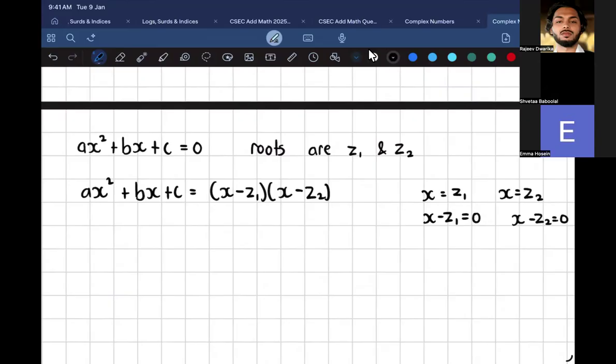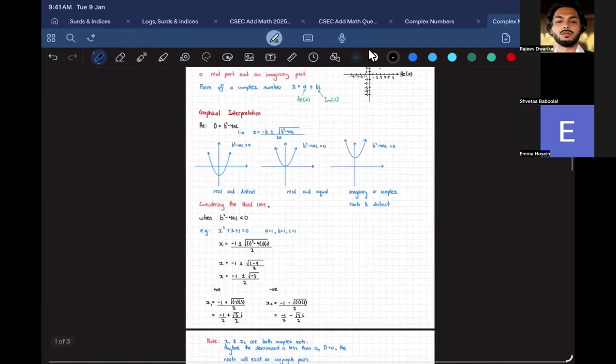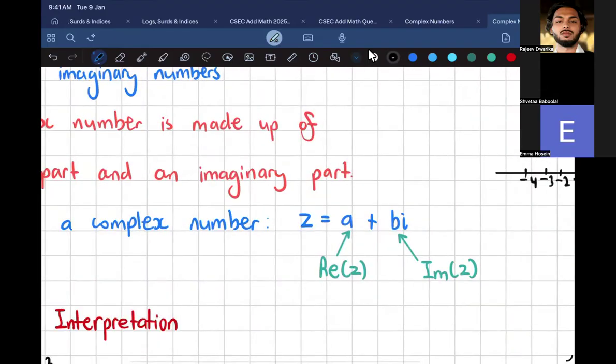All right. So, Shweta, do you understand what I'm saying? Normally, for a quadratic equation with real roots, it would be x is equal to 1 or x is equal to 2. But in this case, I'm saying that it'll have complex roots, so the roots would be in a complex form a plus bi. Remember I told you that I could write a complex number in the form z is equal to a plus bi?